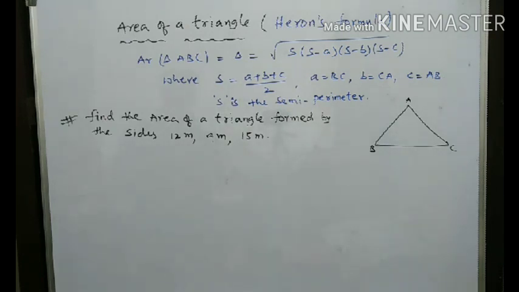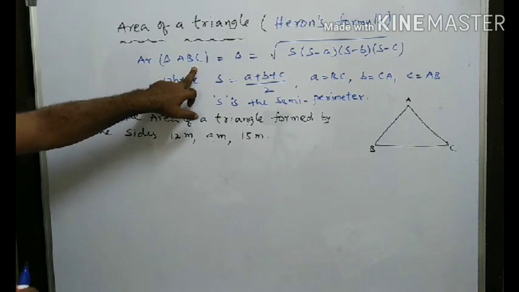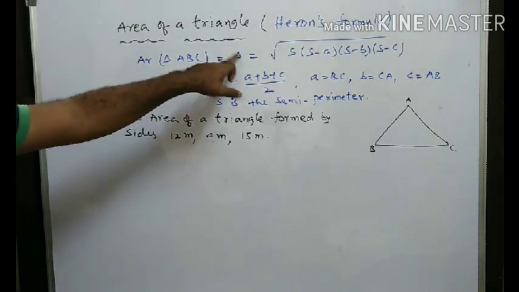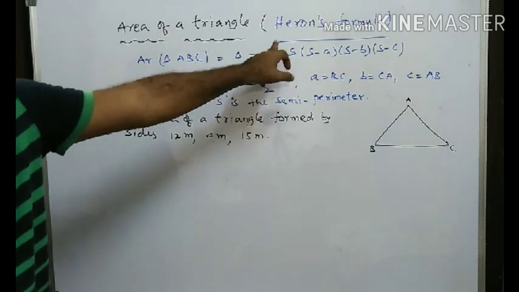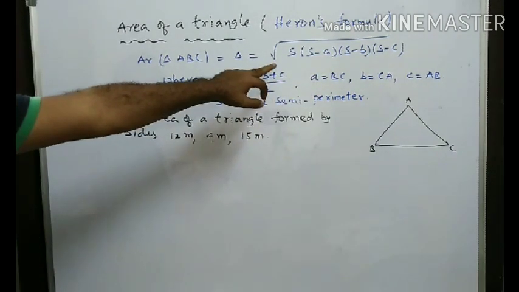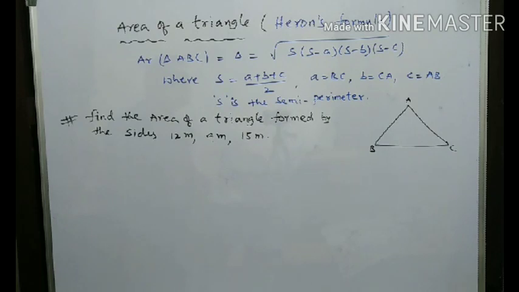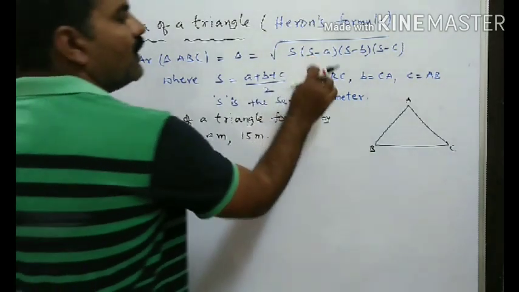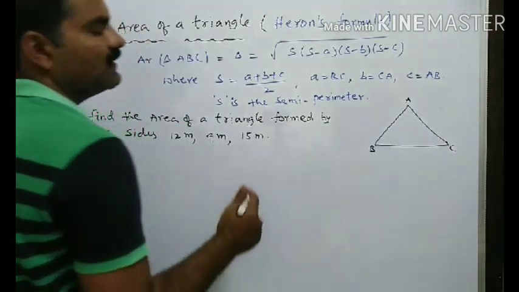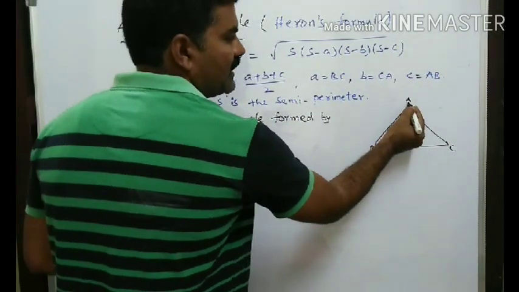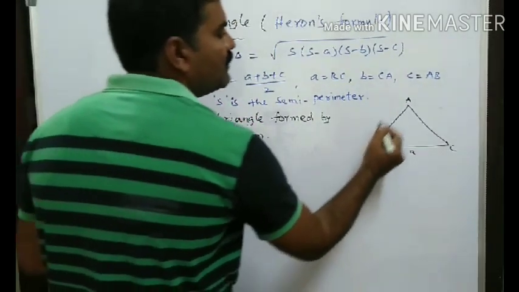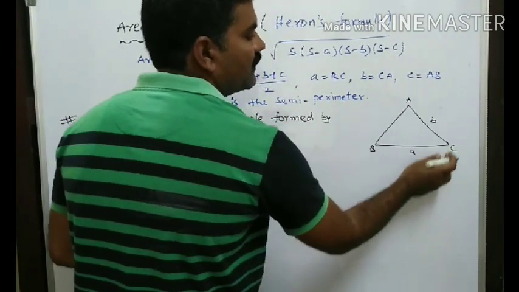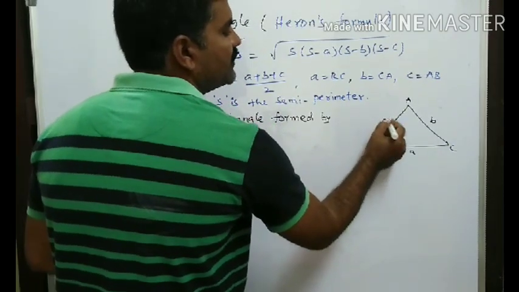So look at the formula for area of a triangle ABC, generally area can be denoted with delta, and the formula is under root of S into S minus A into S minus B into S minus C. Here small a, b, c are nothing but length of the sides. Capital A opposite side can be denoted with small a, capital B opposite side with small b, and capital C opposite side with small c.